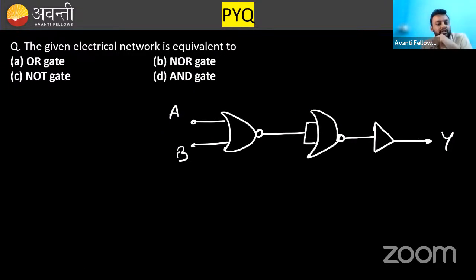Okay, tell me in this question, the given electrical network is equivalent to what? Is it equivalent to OR gate, NOR gate, NOT gate, and AND gate? There are four options, and this is the given circuit.